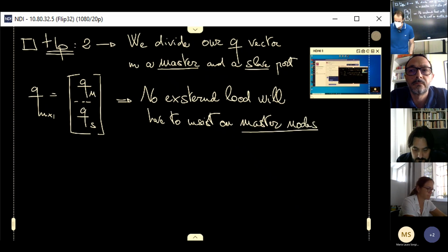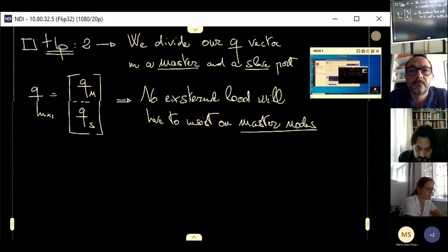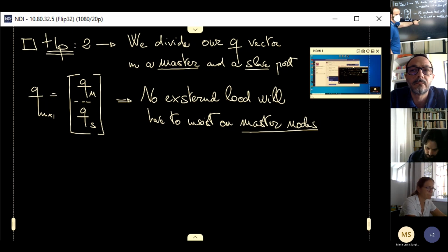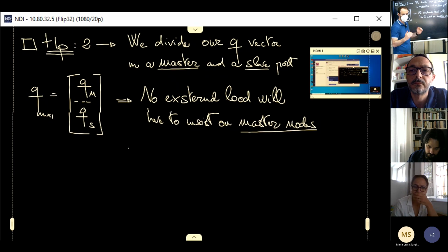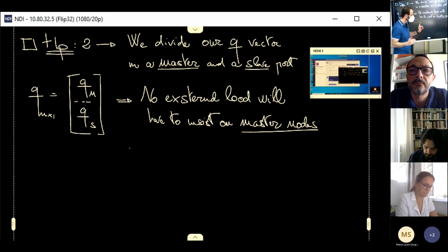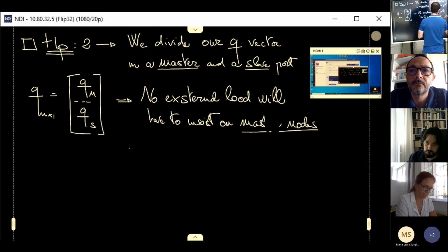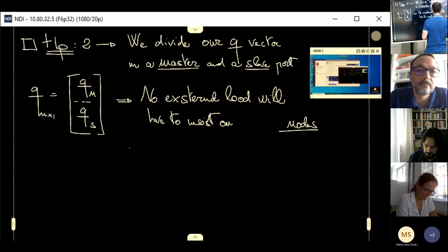So if you have external forces, no external forces will have to be placed on the slave nodes. If it has a force on top, it cannot be a slave, it has to be a master.